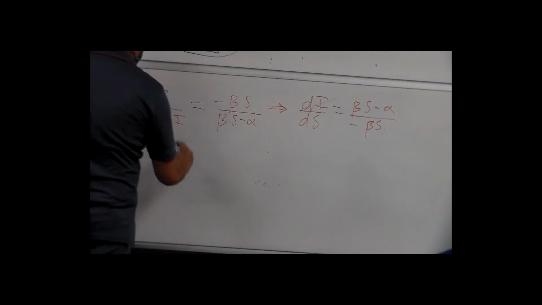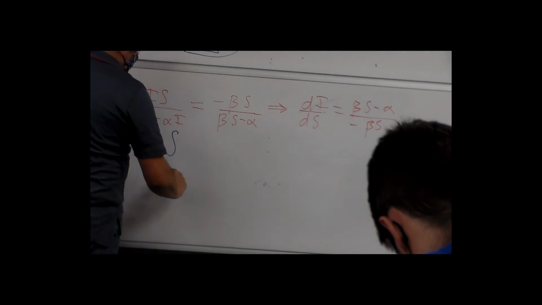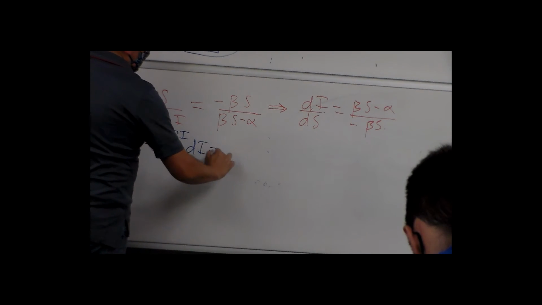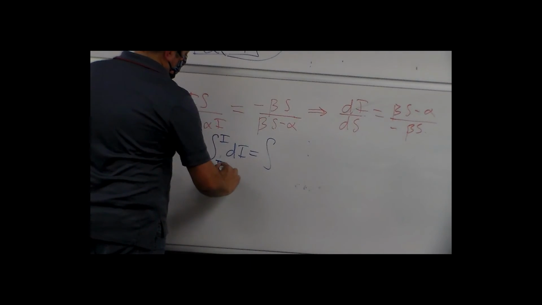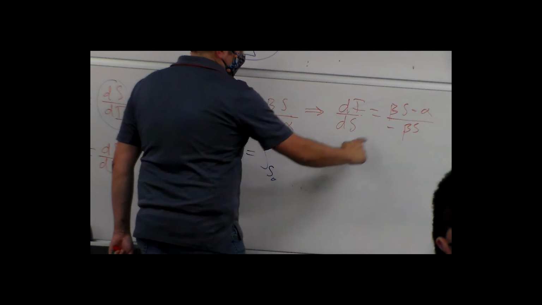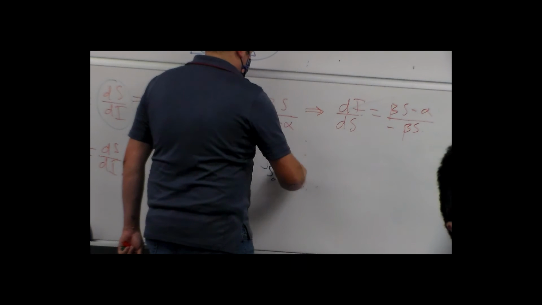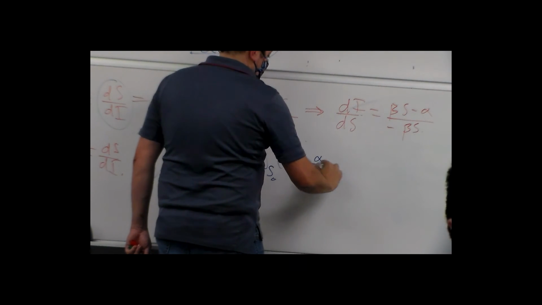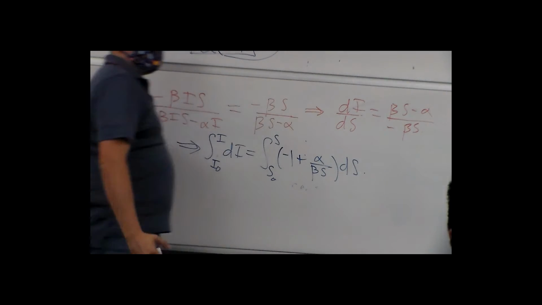I'm going to write this a little bit fancier. So this is the integral from I naught to I of dI is equal to the integral from s naught to s of, I'm going to simplify this, so that's a negative 1, and then plus alpha over beta s ds.